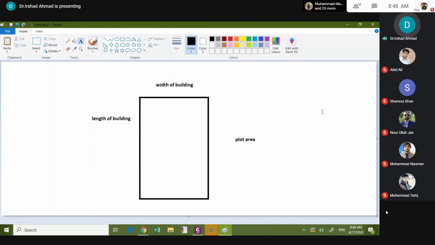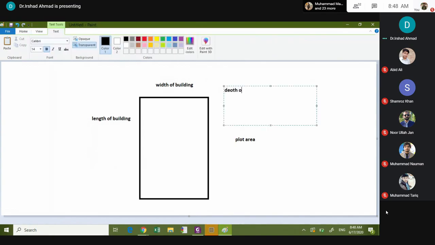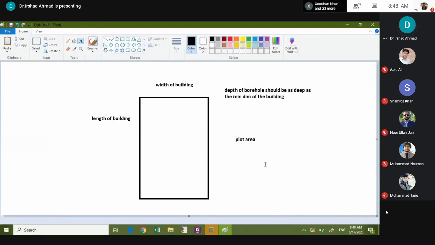So the depth of the borehole should be as deep as the minimum dimension of the building. You understood what I mean? Okay. Now another question arises: how many boreholes?